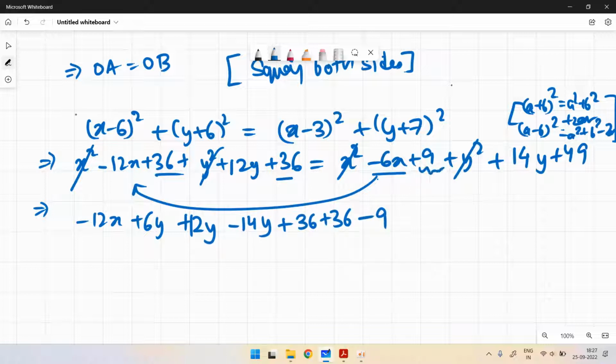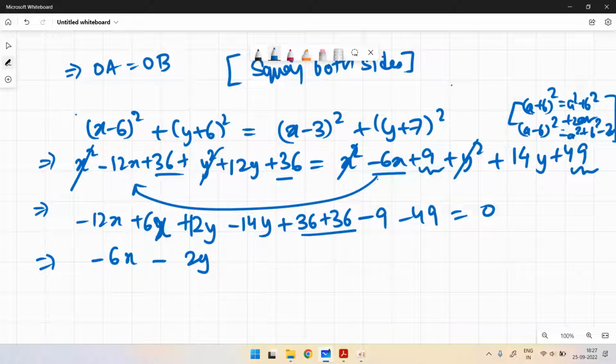On the left hand side this will become minus 12x plus 6x, so this is minus 6x minus 2y.